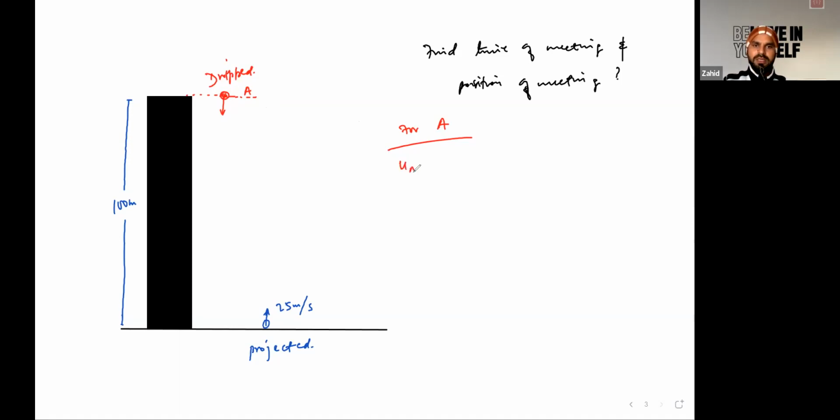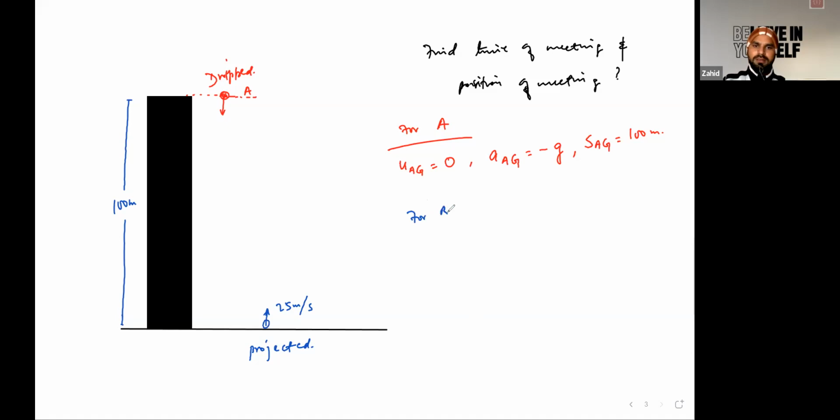So velocity of A with respect to ground is 0. Acceleration of A with respect to ground is along the downward direction, so it will be minus g. And displacement of A with respect to ground is 100 meter. Is it clear? Yes.